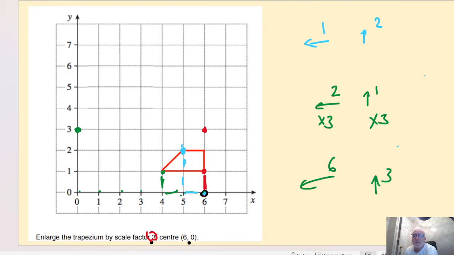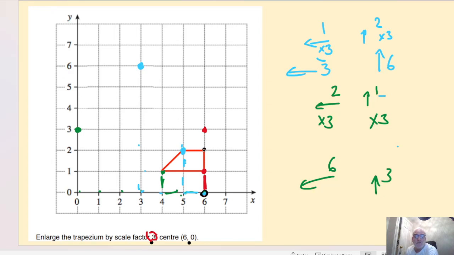Now remembering I'm timesing this by 3, so that means I'm going to go 3 to the left, and then times this by 3 means I'm going to go 6 up. So from my centre of enlargement, 1, 2, 3, 1, 2, 3, 4, 5, 6. That's my top point. Okay, and hopefully you can see the next one should be relatively straightforward.